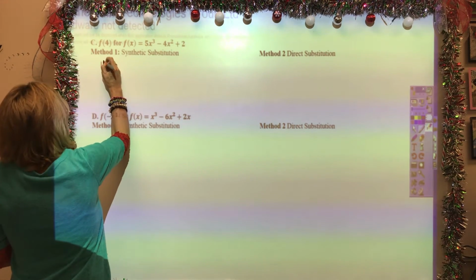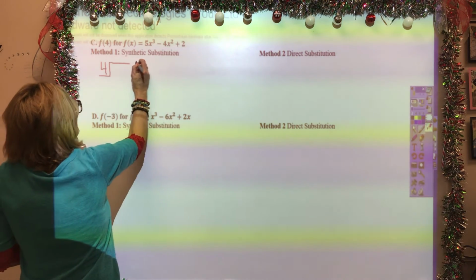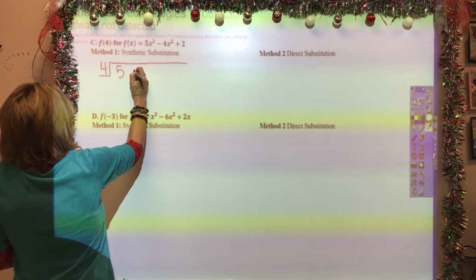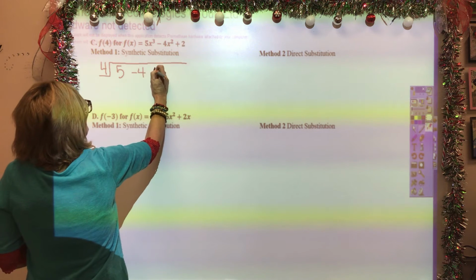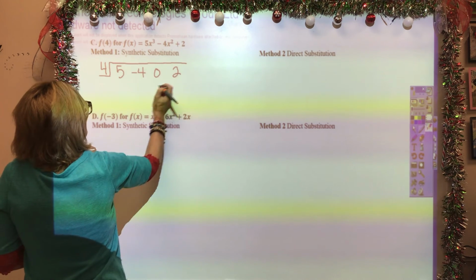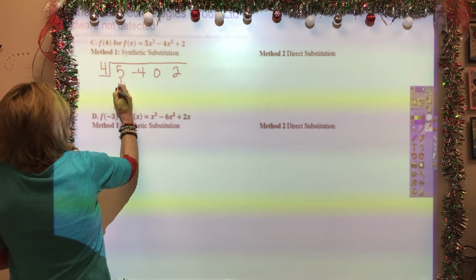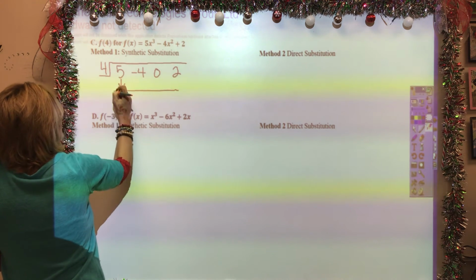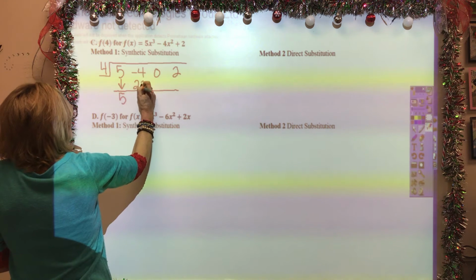We need to have a 4. Then we go in descending power order, so we have 5, negative 4, 0, 2. Bring down the 5. Multiply. 4 times 5 is 20.